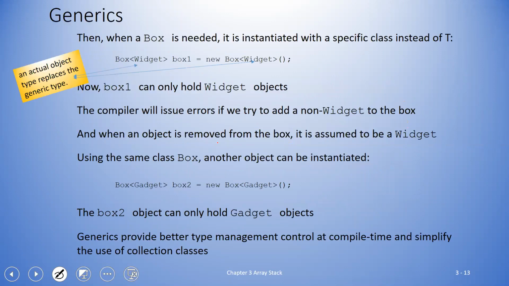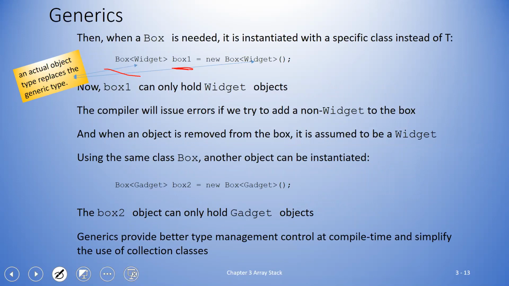Let's see, here we are using it, right? We are using this collection class to create an actual box. And here you are saying, okay, I want a box that can only hold Widget. So that's the syntax, Box<Widget>. box1 is the reference variable.